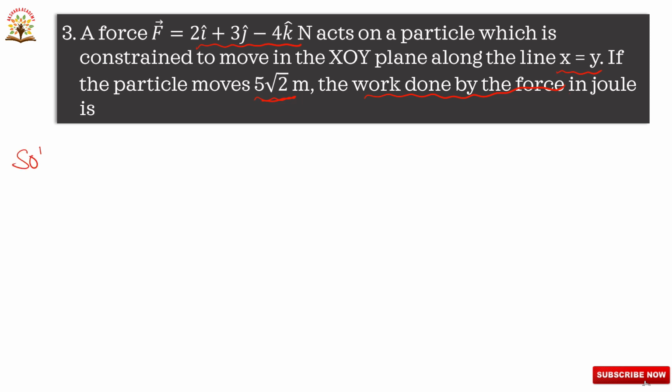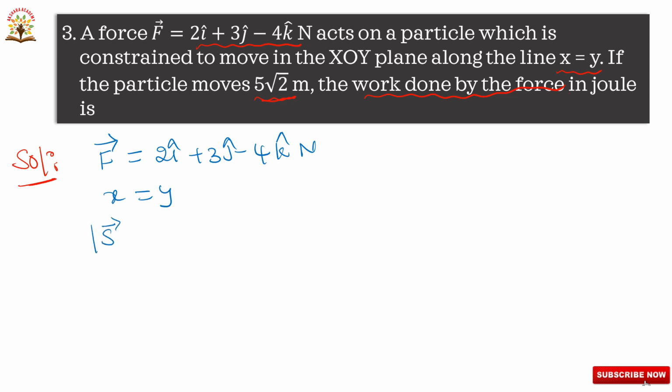Now let us go to the solution. Given F bar equals 2 i cap plus 3 j cap minus 4 k cap newtons. Here they given a line, along the line x equals y. So modulus of S bar equals 5 root 2.